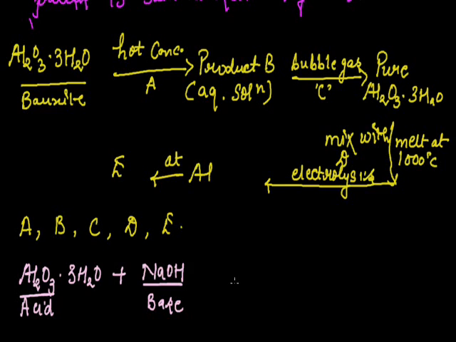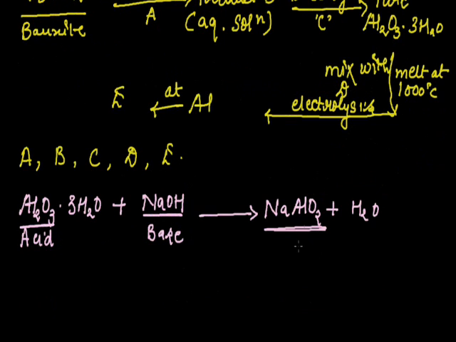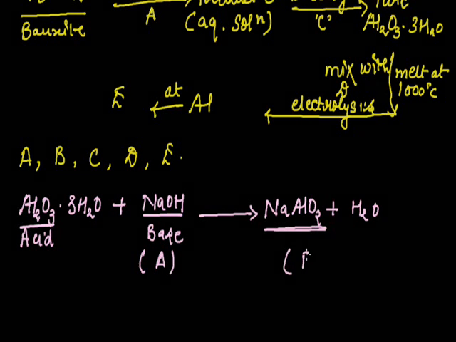When acid reacts with base, there will be the formation of salt plus water. Here the salt is NaAlO2 plus H2O, which will be the aqueous solution of sodium aluminate. So the product B will be sodium aluminate and the product A will be sodium hydroxide.